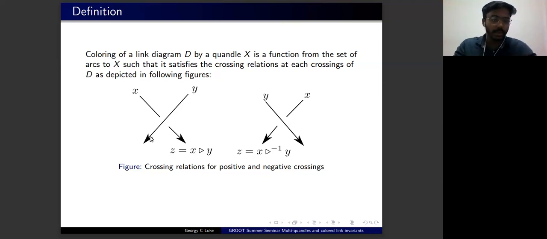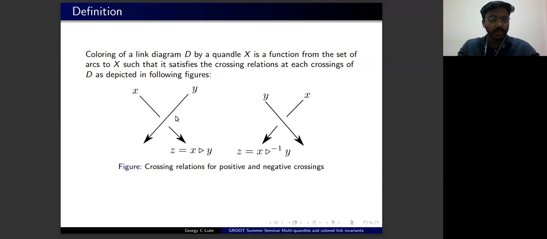It could be a positive crossing or a negative crossing. A positive crossing is as illustrated here. This is the overstrand and this is the understrand. If the incoming strand of the understrand passes from right to left of the overstrand, it's a positive crossing, and otherwise it's a negative crossing.